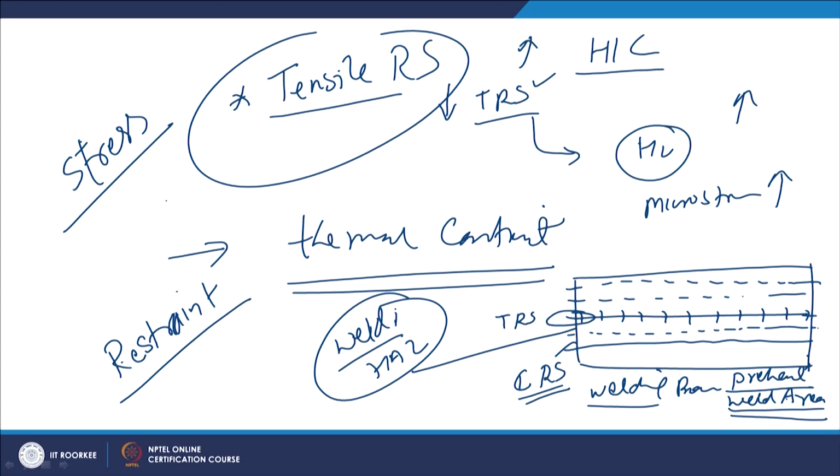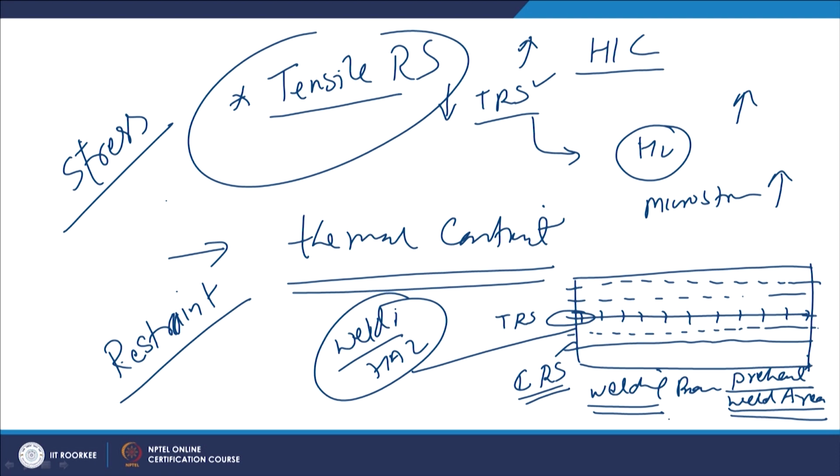Then the sequence in which heat is being applied, if the welding is being done in single pass, then it will be leading to the development of the maximum residual stresses, but if the welding is being done in sequence in such a way that the earlier developed residual stresses are eased out by the subsequent applications of the heat during the welding, then that can help in reducing the residual stress development during the welding.